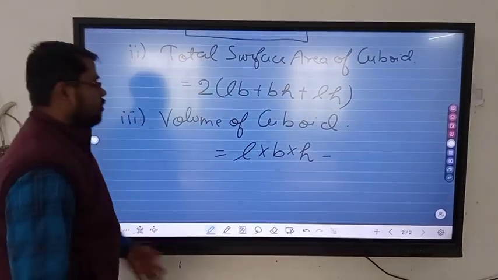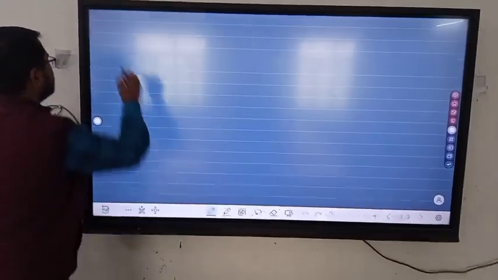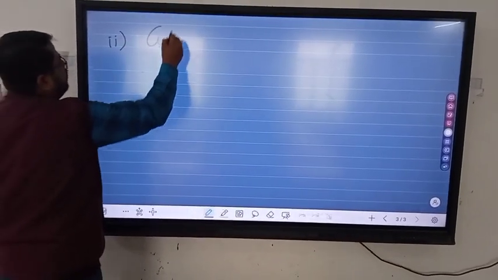Okay. Now come to the second shape. This is cube.